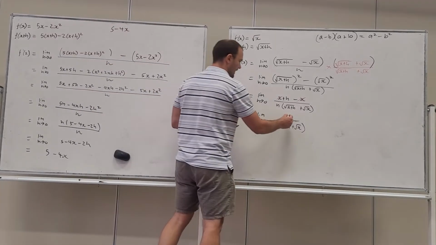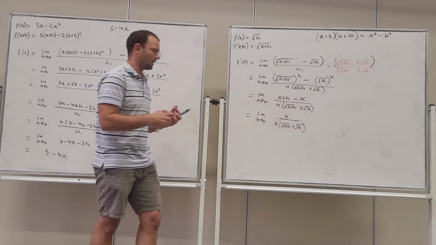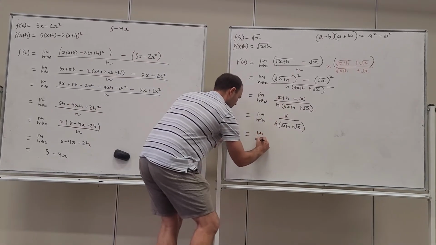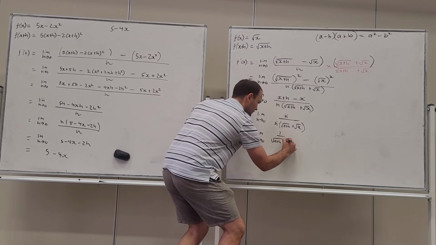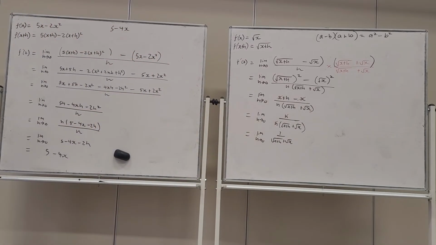When we cancel h, it's not that it goes to 0. What we have at the top is h times 1. And so what we'll be left with is the limit as h approaches 0 of 1 on top of the square root of x plus h plus the square root of x.